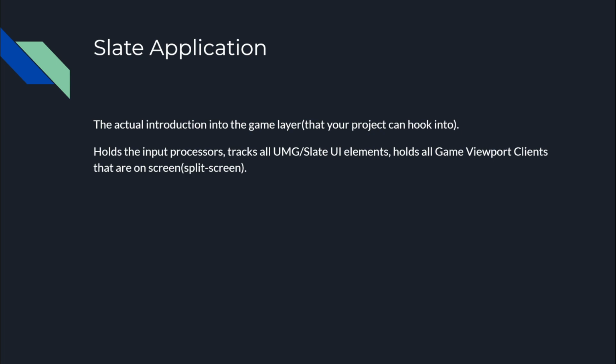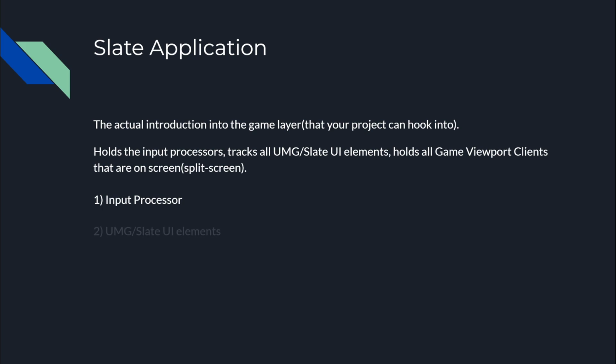I can go on and on about that, but this is regarding the input stack. But it basically holds also all of the game viewport clients that are on screen and split screen, or at least tracks them, so that way it can send those inputs to them. So that way when, you know, player 2 presses a button, it doesn't send it to player 1, it sends it to player 2's game viewport client.